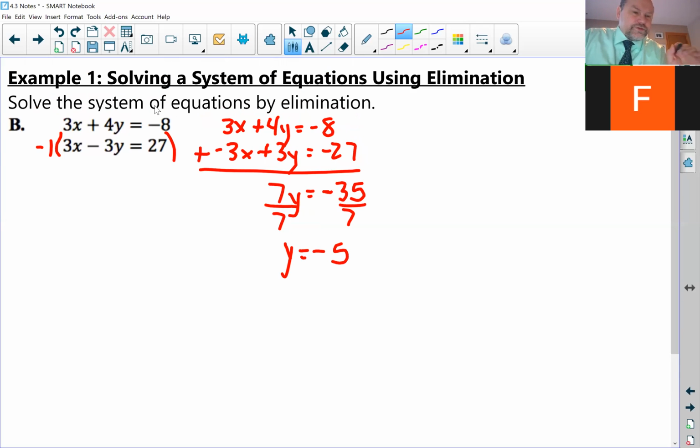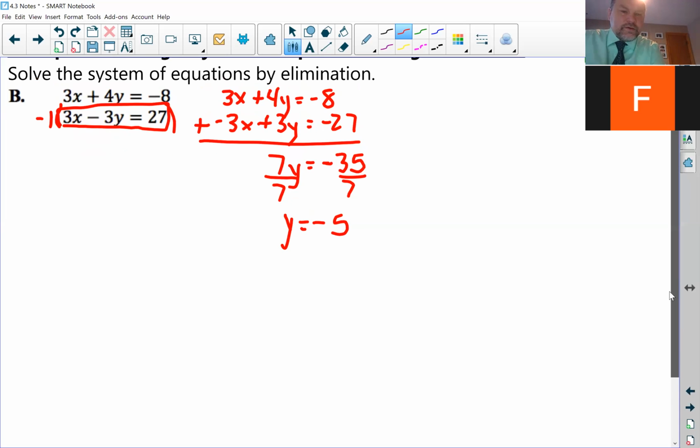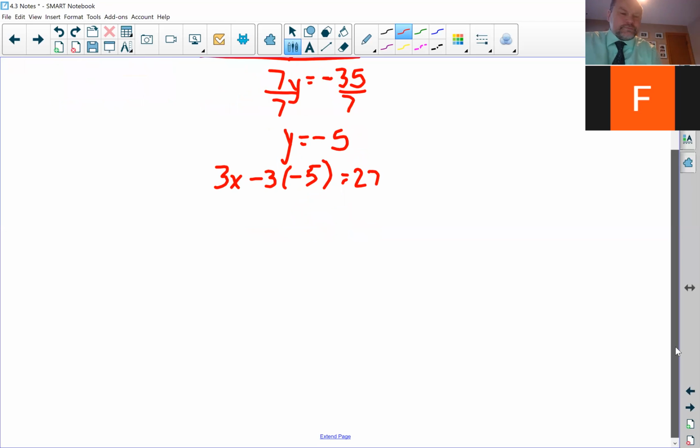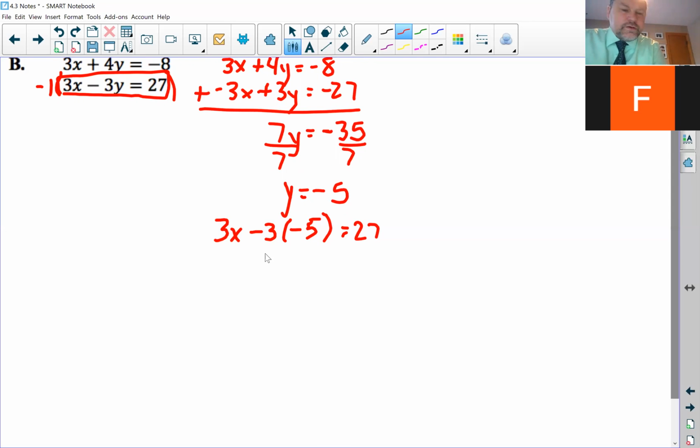Again, I'm going to use the original equation, but I'm going to use the second one here. 3x minus 3 times my y value, which is negative 5, equals 27. 3x, I have a minus 3 times a minus 5 gives me a plus 15.